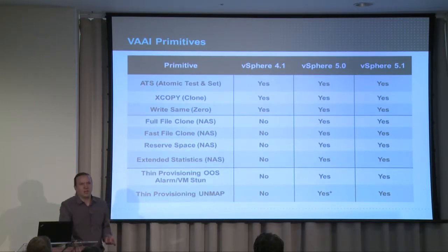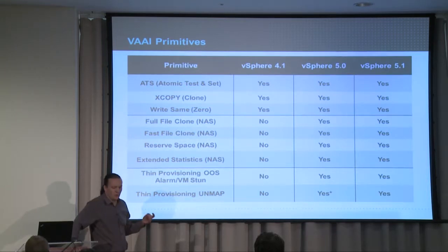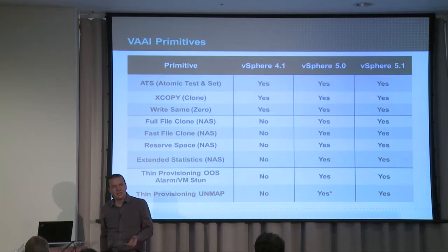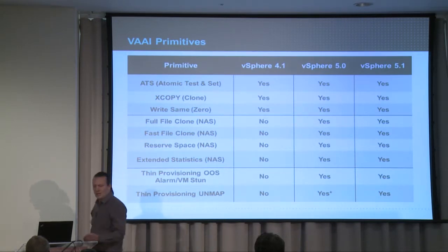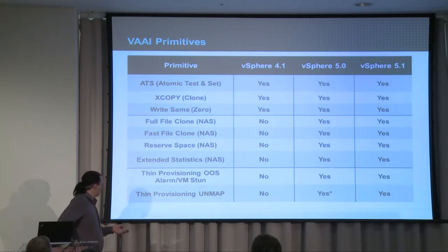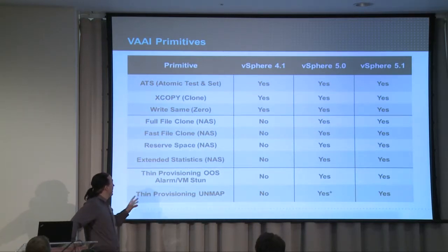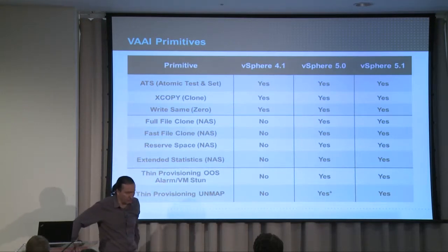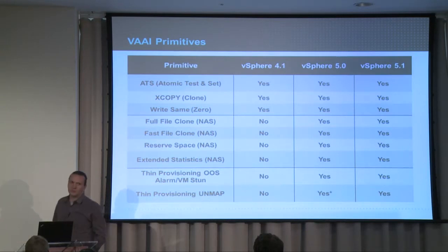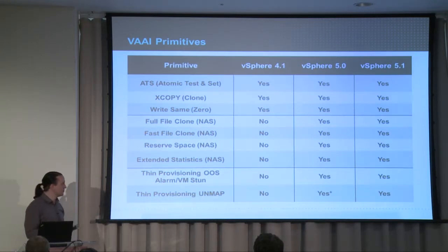So your SAN vendor writes a little module, it plugs into vSphere, and vSphere will offload the jobs that are tricky or resource intensive to the SAN. So if a SAN can do some clever cloning, or some clever stats, etc. So these are all the different types of job that can be offloaded to the SAN if the SAN's got the right feature set and they've written the module for vSphere and you've configured it.